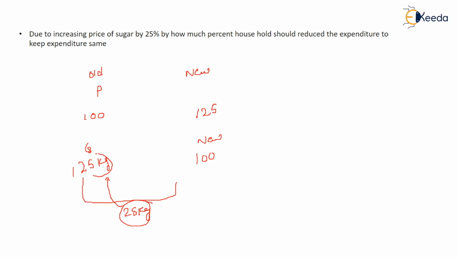On the earlier quantity, you always find out the change. So they were consuming 25 kg less on 125. So this comes out to be 1 by 5, which is equivalent to 20%. So they have to reduce 20% of the quantity in order to keep the expenditure the same.